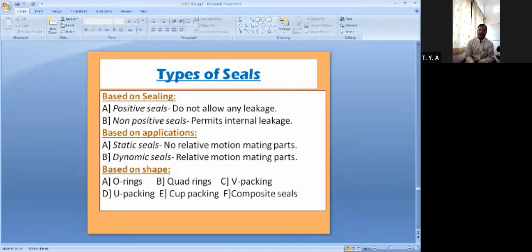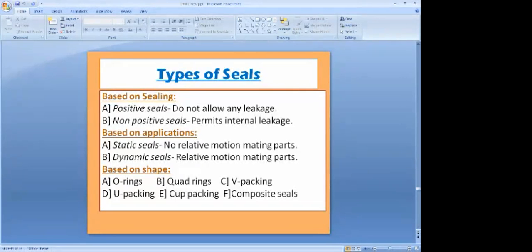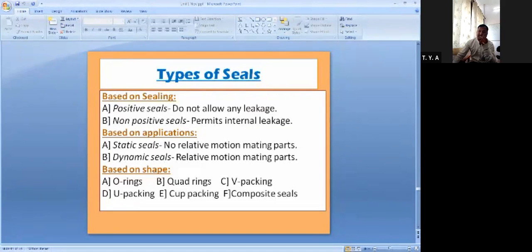You can stop the external leakage, but non-positive seals in some cases may permit some amount of internal leakage, but in small amount. This was the first type of seals, based on sealing.